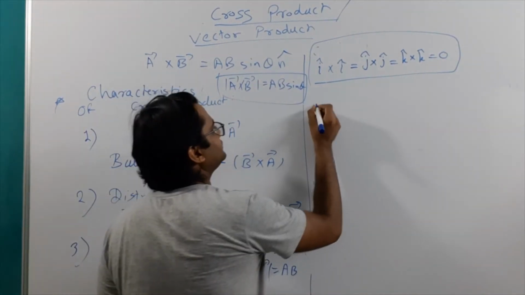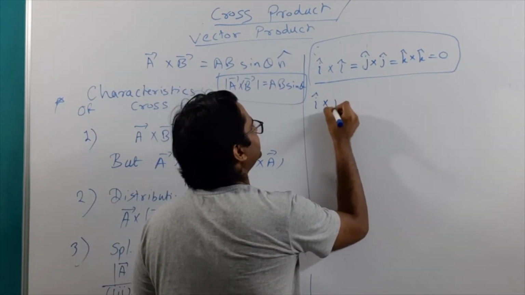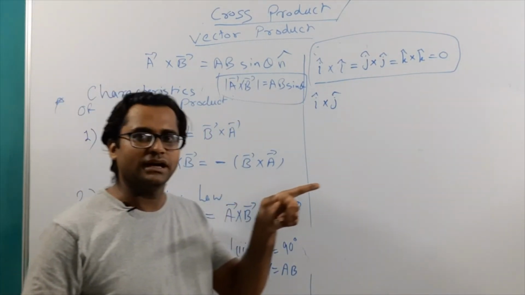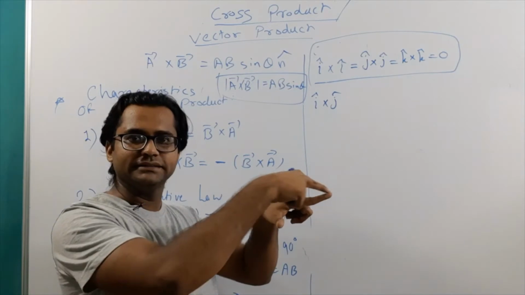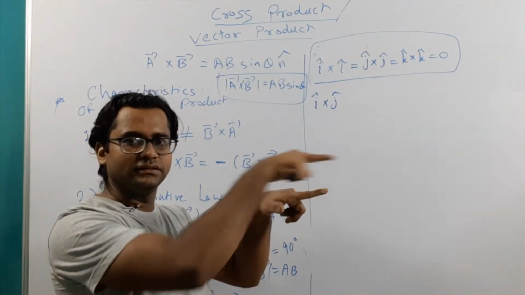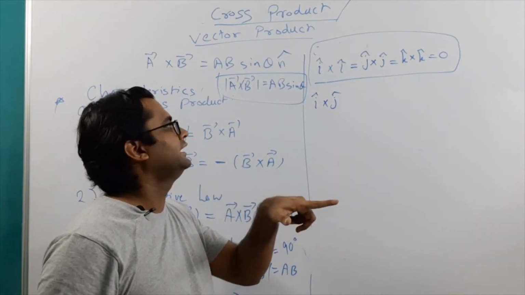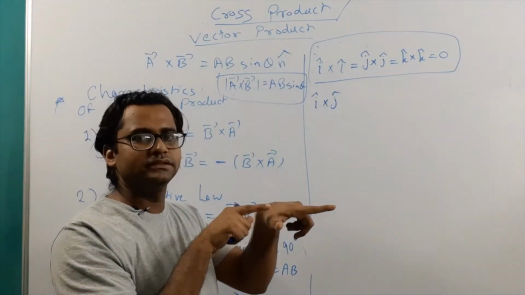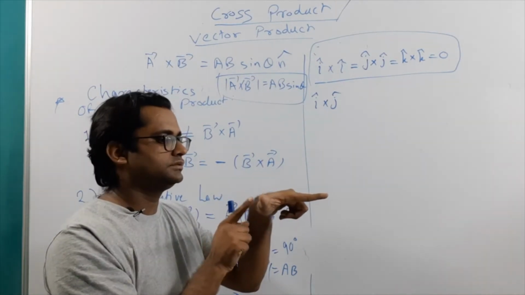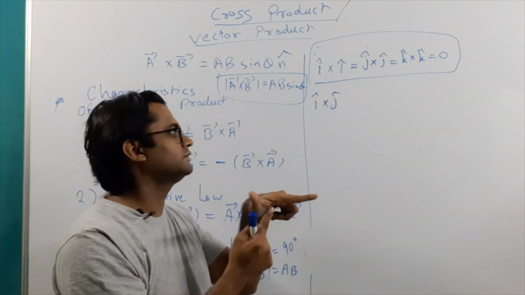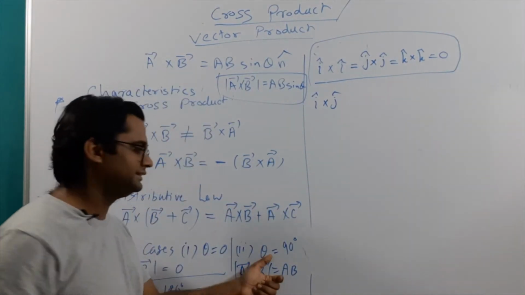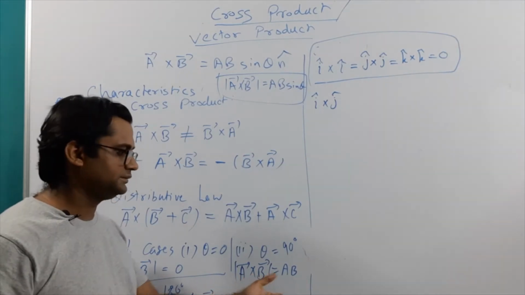Now let us consider one more situation: I cross j. What will be value of I cross j? If we consider I vector, let us say this is my x-axis and this is my y-axis. So I cross j. I is along x, j is along y, and the angle between them is 90 degree. So we consider this case: a bar cross b bar is ab.